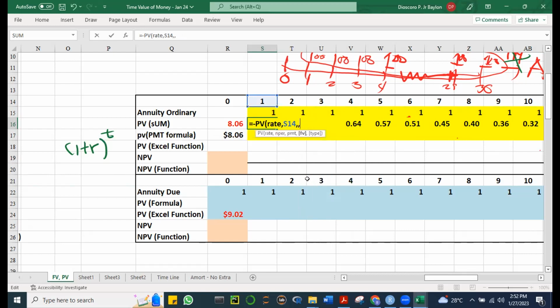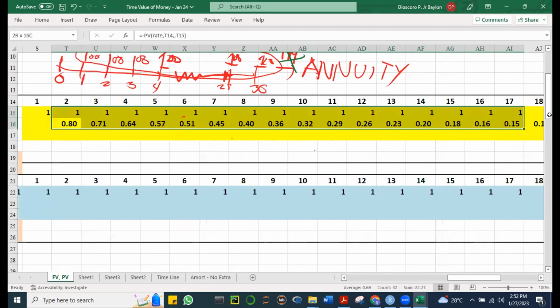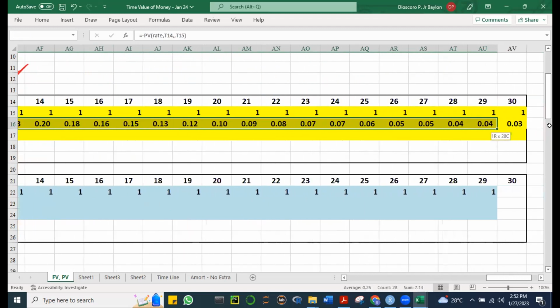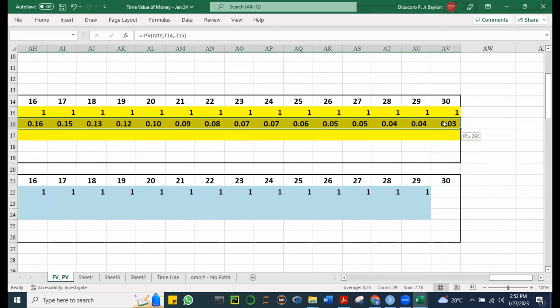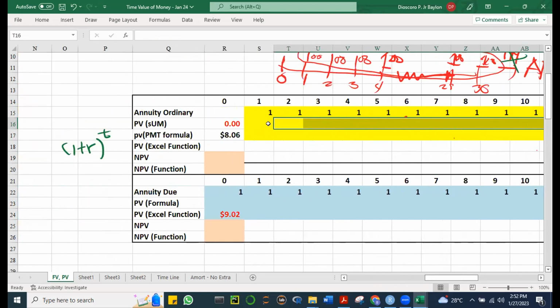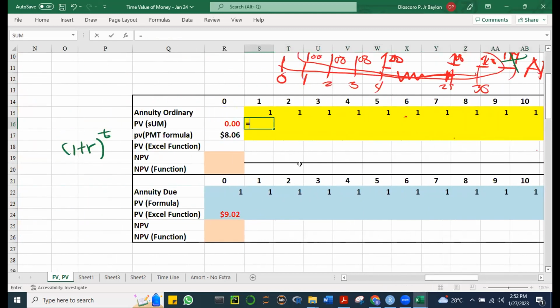So why don't we just delete this? Let's just do it on our own. You can just delete the present values. I was not supposed to give this to you; we were supposed to do this on our own. So let's use the PV function, negative PV. Present value. And then what's the rate?